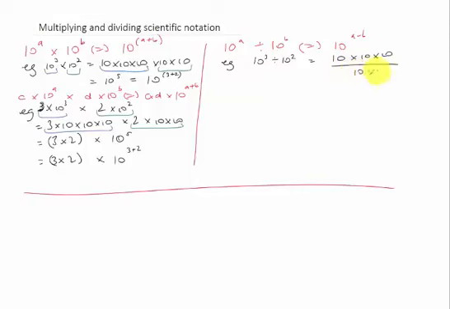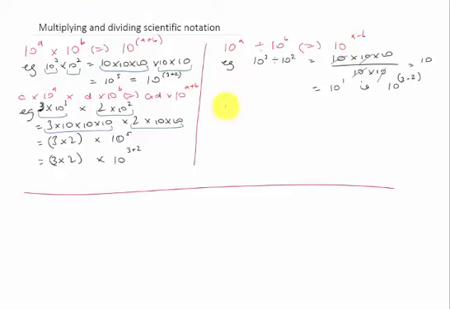Then we can cancel these out. That gives us 10, which is 10 to the power 1, i.e. 10 to the power 3 minus 2. So we're subtracting the two different exponents, one from the other.